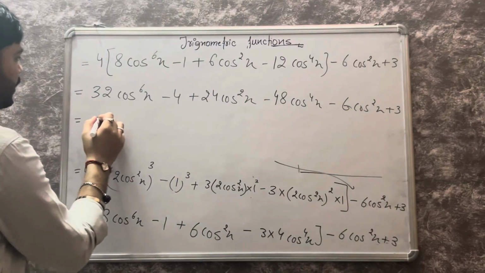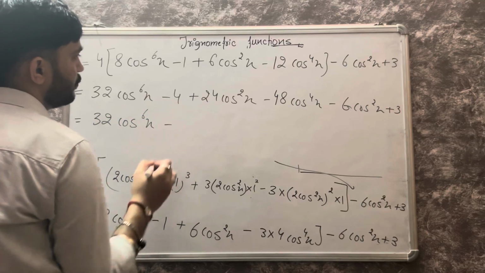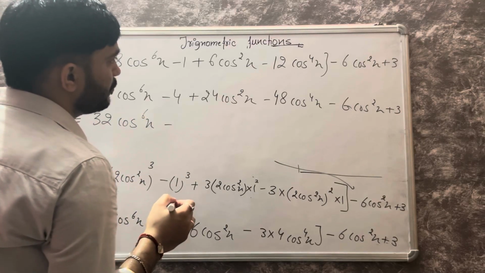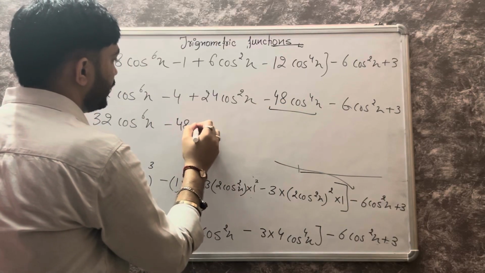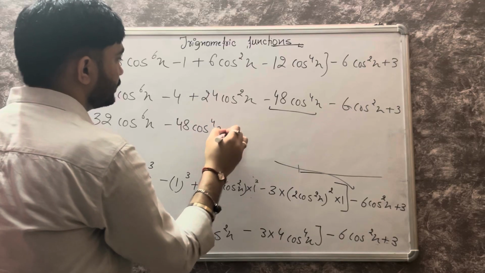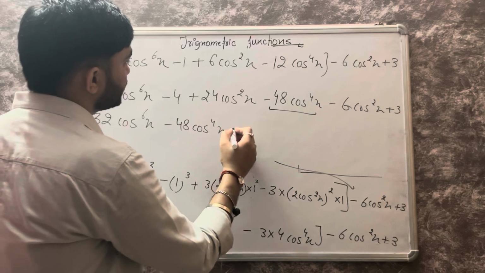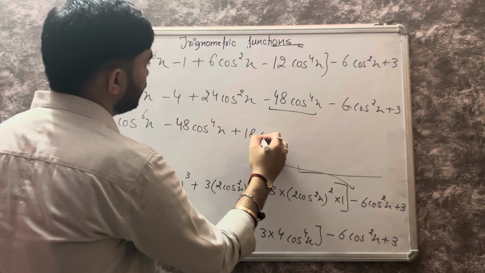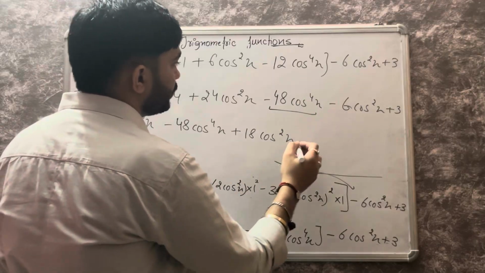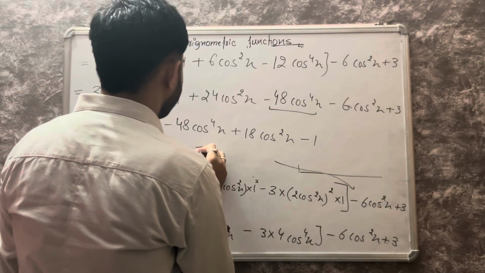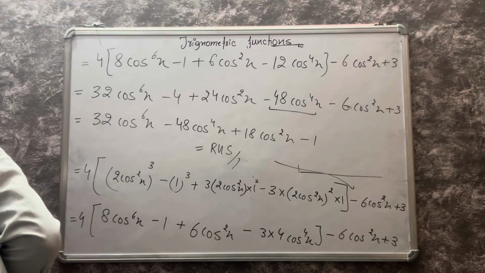Now what will be left? 32 cos of 6x minus 48 cos of 4x, the biggest power first, then we are left with 24 minus 6, which is 18 cos square x, and minus 4 plus 3 is minus 1, that is equal to the RHS of the answer that we required.